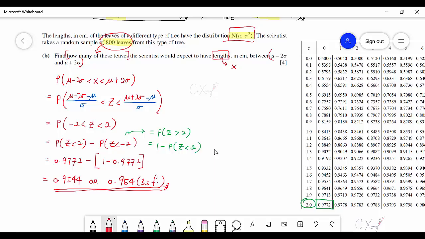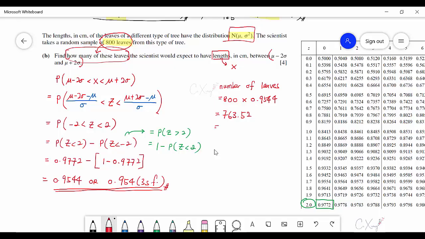All right, but this is not the final answer yet because they're asking for how many of these leaf. So if you want to find the number of leaf, you should take 800 multiplied by the probability that you have. Then you will get a value, which should be around 763.52.